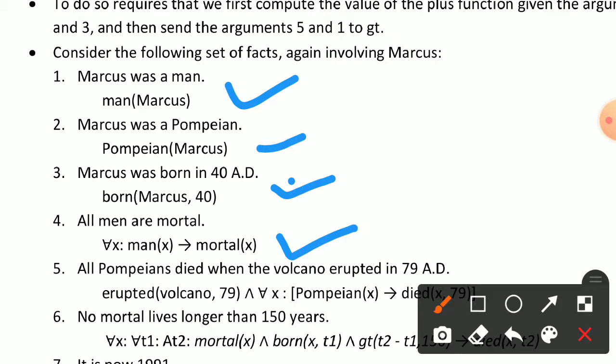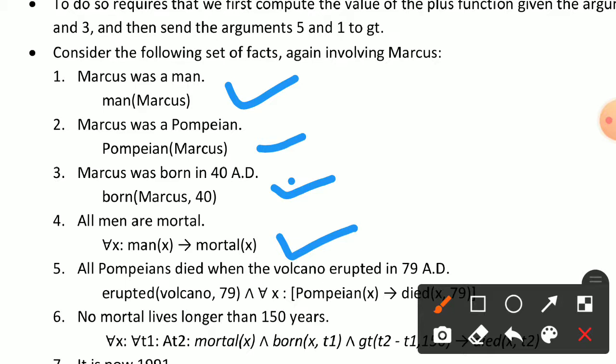Now we can take the different facts. All Pompeians died when the volcano erupted in 79 AD. All Pompeians died means they are not alive when the volcano erupted in 79.